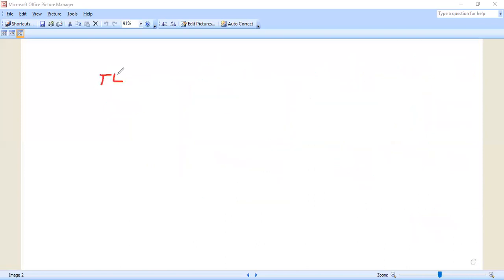Now the total energy of the planet, I'm denoting with capital E, that equal sum of kinetic energy and potential energy.